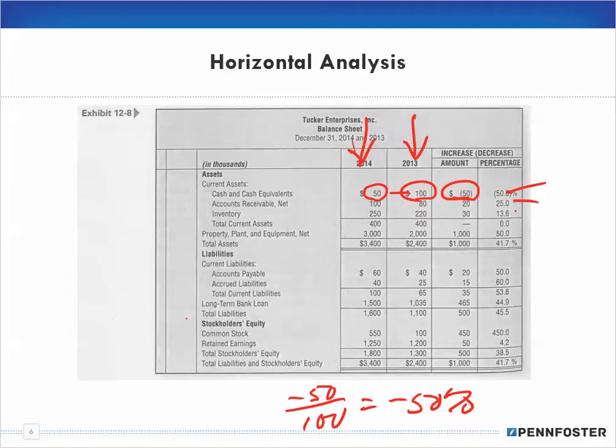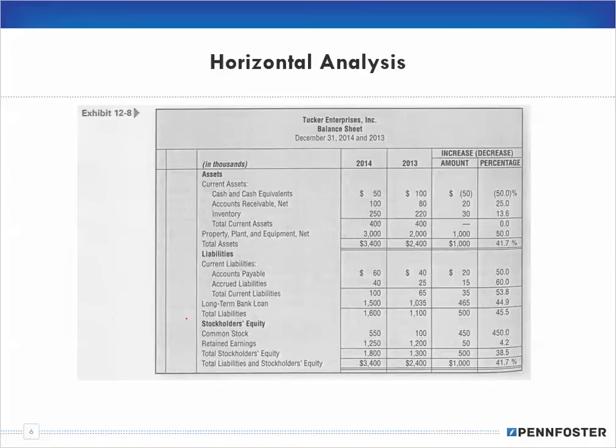And that's all I'm doing. I'm going down line item by line item in a horizontal fashion, creating the difference and then calculating the percentage. Once you've created these numbers, this is a mechanical, manual process. There's no more thinking to this at all.